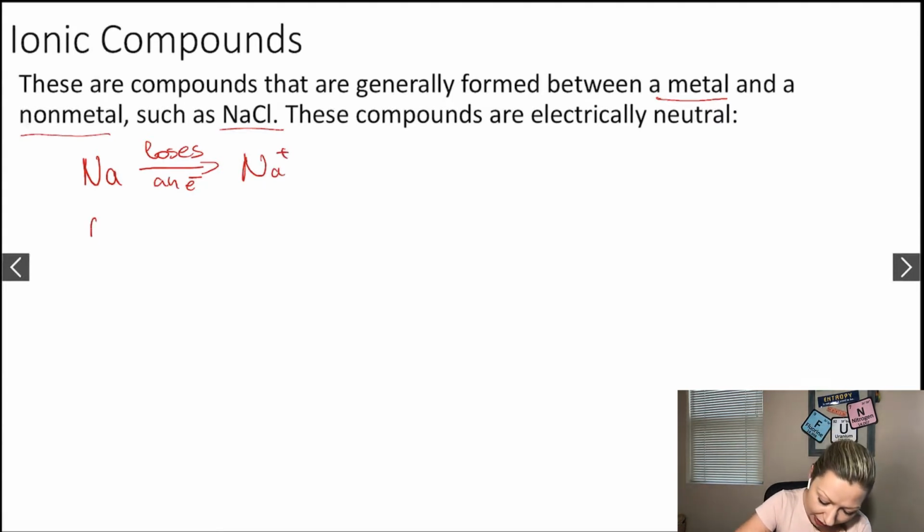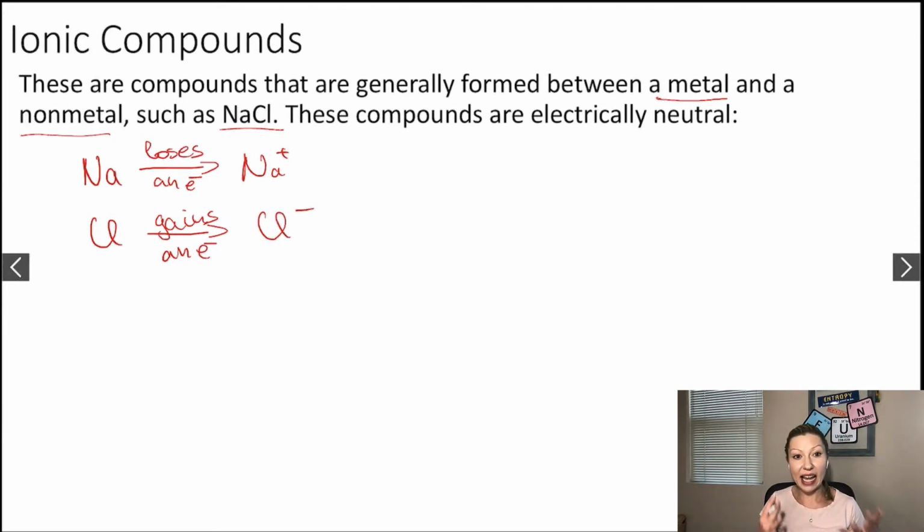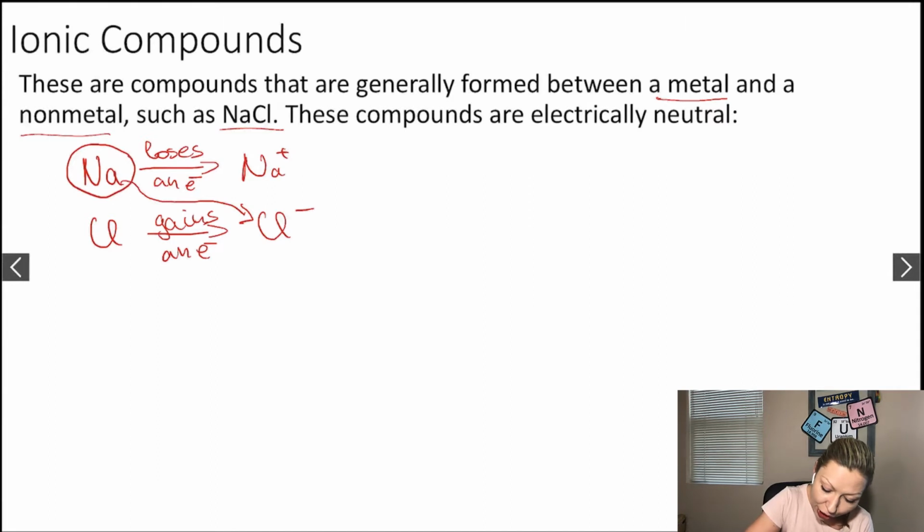And then chlorine can gain an electron to become Cl-. And actually, the same electron that sodium is losing goes to chlorine to form a chloride ion. So there is an electron transfer from the metal to the nonmetal to form extremely stable compounds.